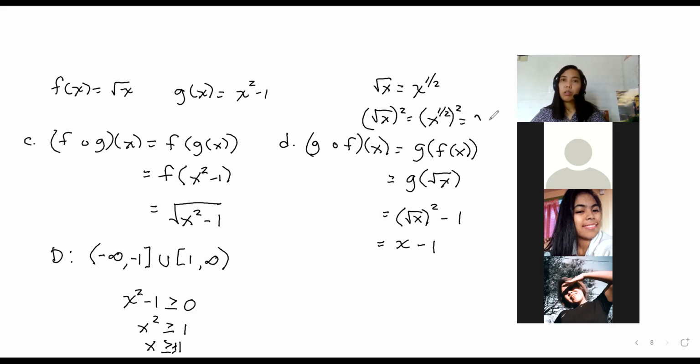That is 1. Okay, so the answer is x. That's why the answer here is x minus 1. And for the domain, this is a linear function. The domain for linear function is negative infinity up to positive infinity.